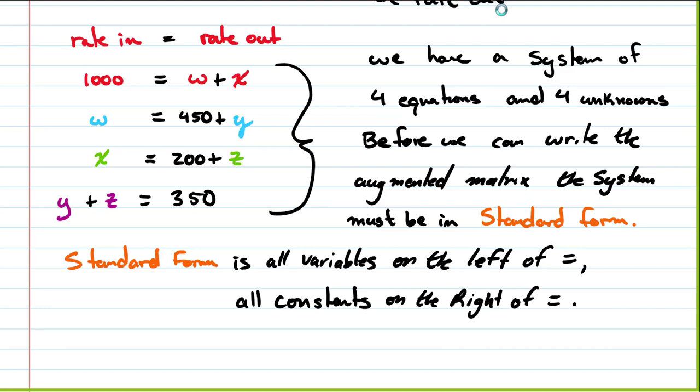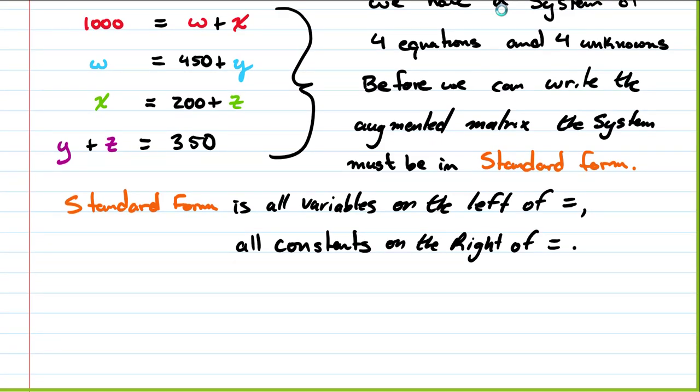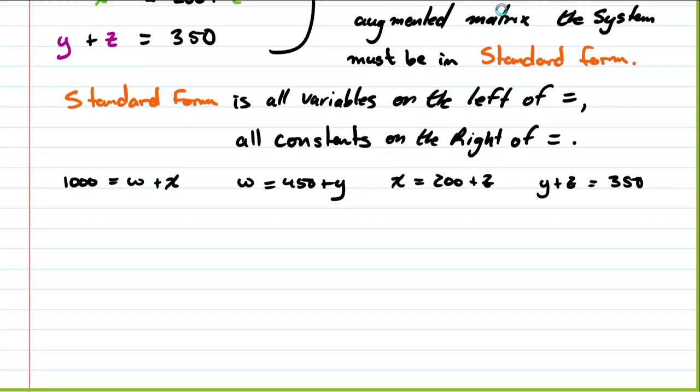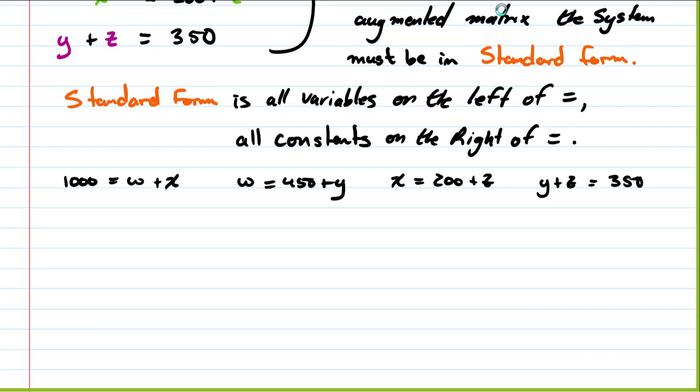So our equations are not in that form. So I'm just going to write them all down again here. We have 1,000 is equal to W plus X. We have W is equal to 450 plus Y. We have X is equal to 200 plus Z. And we have Y plus Z is equal to 350, right? So our first equation, we can just flip-flop everything, so we get X plus W equals 1,000.